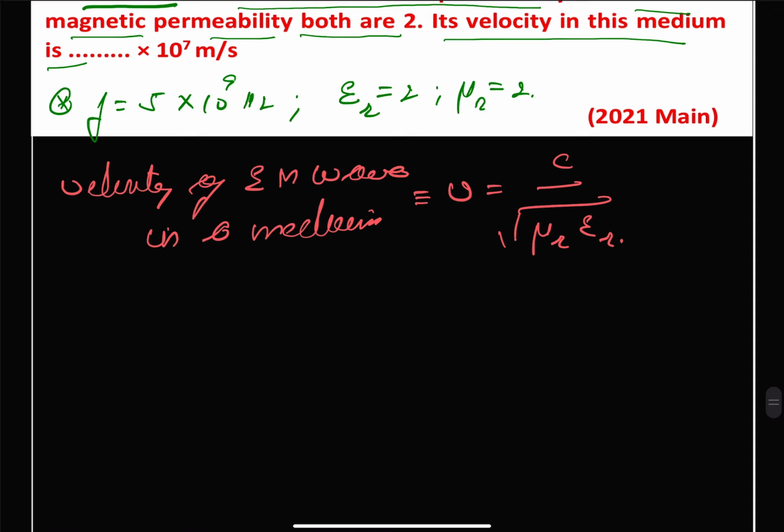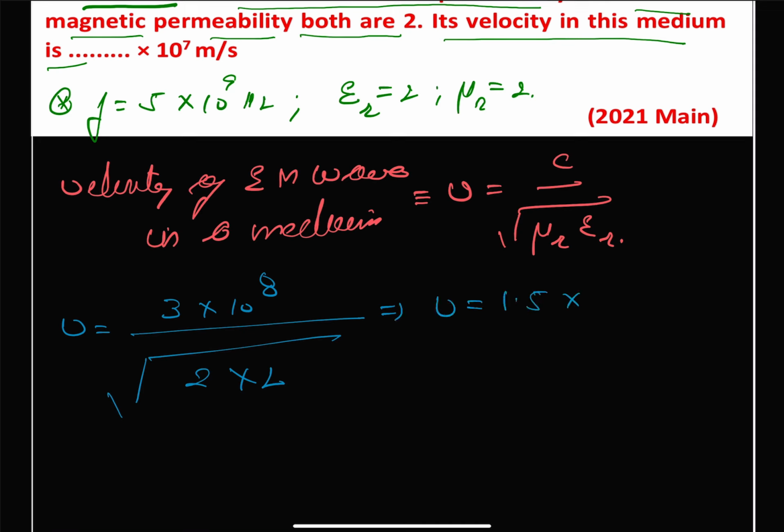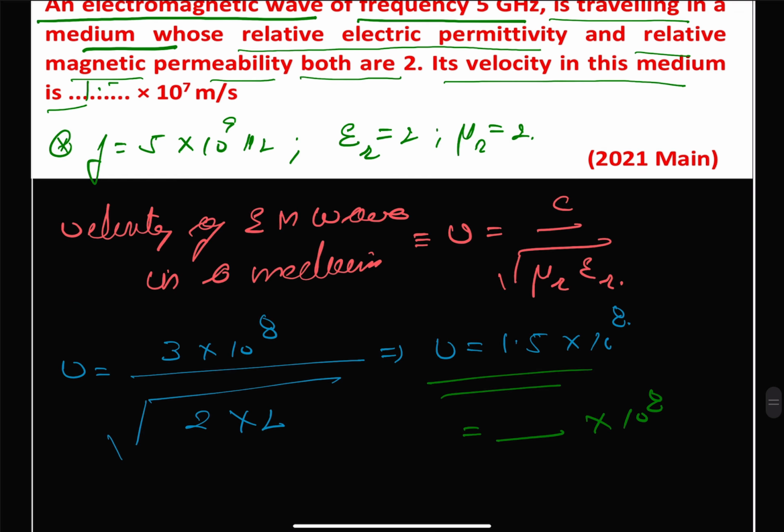We are going to simply substitute their values. So we get velocity v is equal to 3 into 10 to the power 8 over square root of 2 multiplied by 2, which can be written as velocity will be equal to 1.5 into 10 to the power 8, and we are given that this value is 10 to the power 8. So we get this as 1.5.